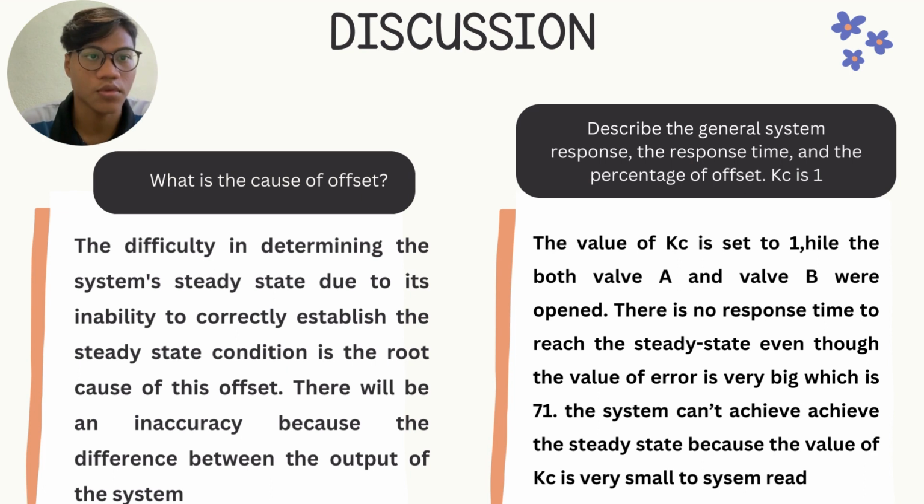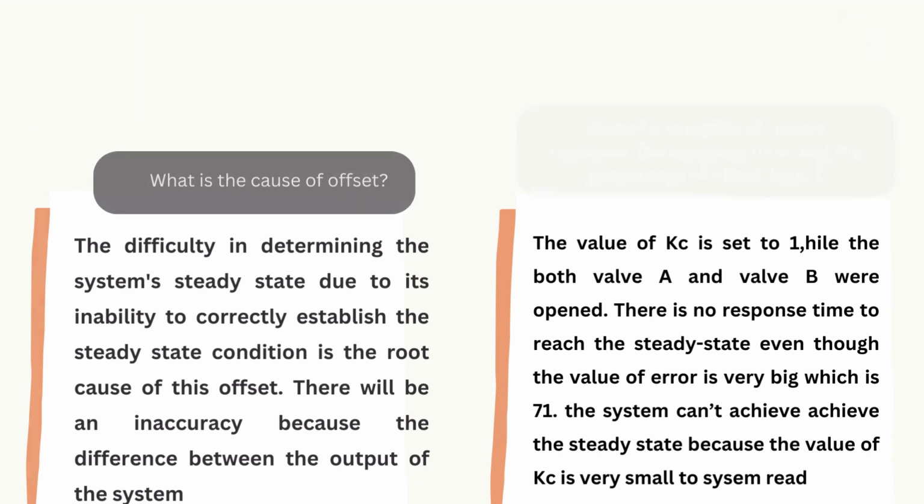The system showed that there is no response time to reach the steady state, even though the value of the error is high, which is 71. So this system cannot achieve the steady state because the value of KC is very small to get the system rate right. So the pump cannot work functionally and causes the output value to be difficult to control by the pump.